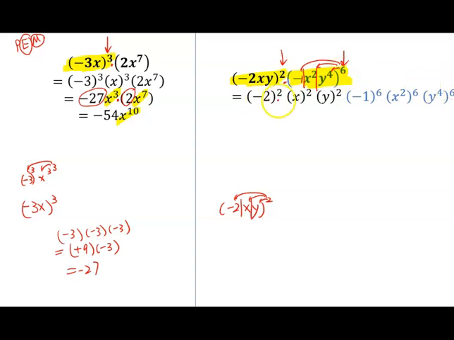Now we're going to apply the definition or the formulas to work this out. Negative 2 squared is negative 2 times negative 2, that's positive 4. So this gives us positive 4. Nothing to do here, you just get rid of the parentheses. But for negative 1 to the 6, we have to multiply negative 1 six times.